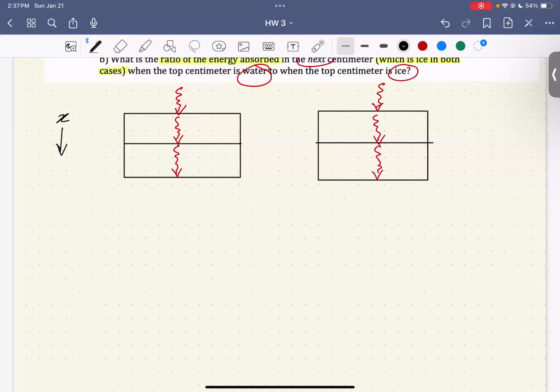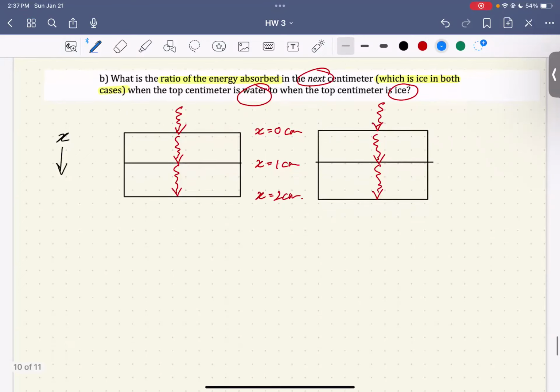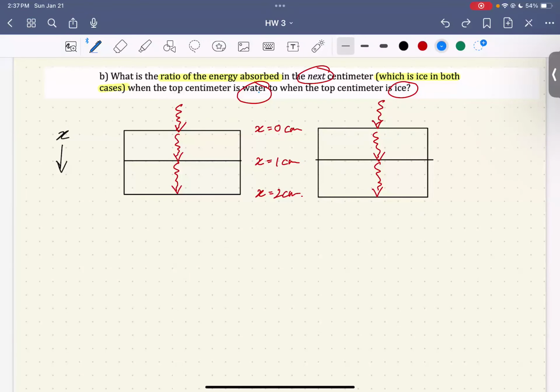And then we have x equals 0 centimeters, x equals 1 centimeter, and x equals 2 centimeters. Not meters, centimeters. Great. And it says when the top centimeter is water over here, and the top centimeter is ice. And for both, the second centimeter is going to be ice.